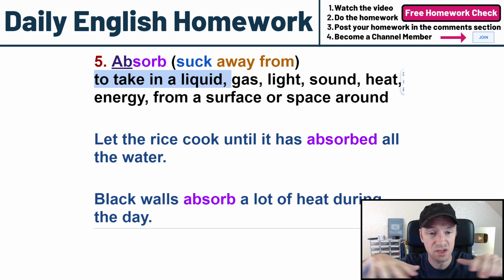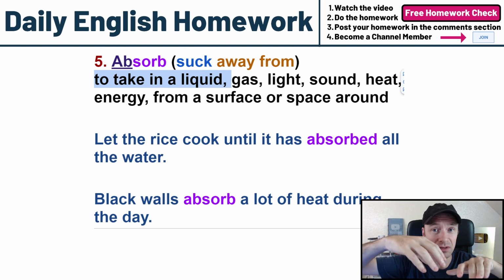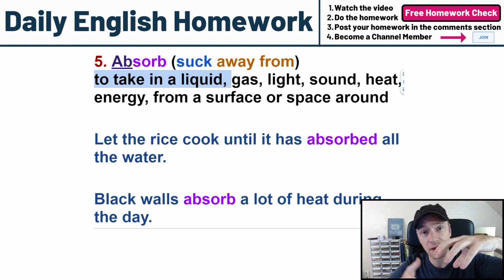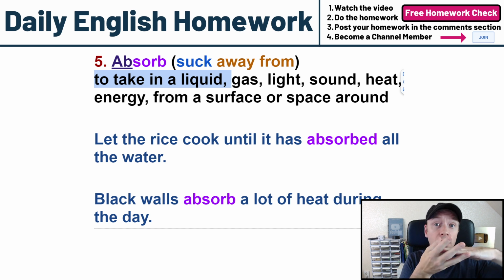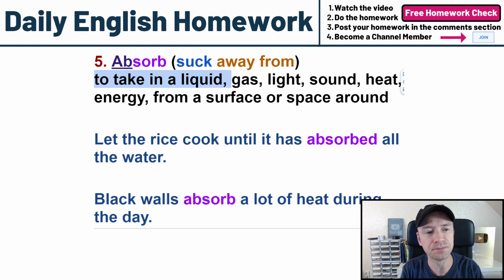So a surface, so if you have like a table, that's a surface, and you have water on the table, you could put a cloth on the water. What does the cloth do? The cloth would absorb the water. The water would go into the cloth. So you can, to take in a liquid, gas, light, sound, heat, energy from a surface or space around.